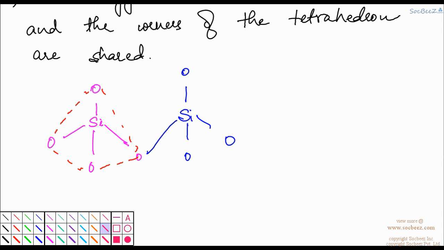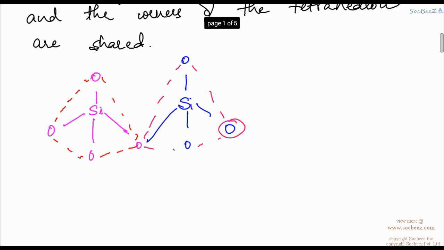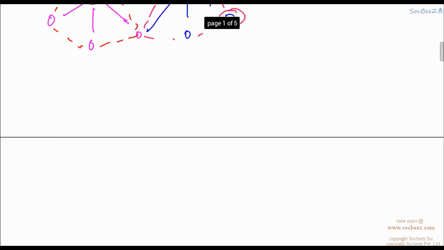You can again see that this forms another, second pyramid. Similarly, the other oxygens, the corners of the pyramids formed by the oxygen, are shared by other pyramids. So basically this is the structure of silicon dioxide.